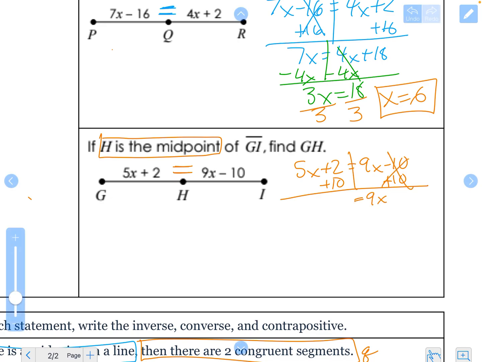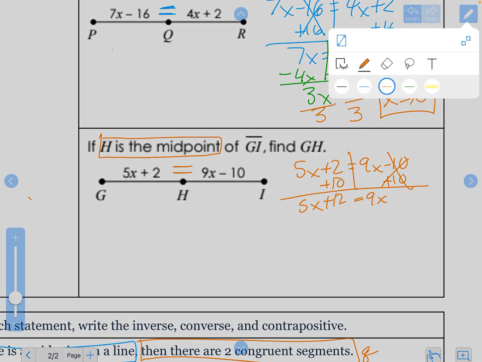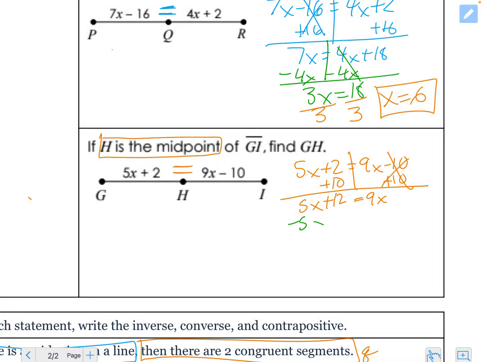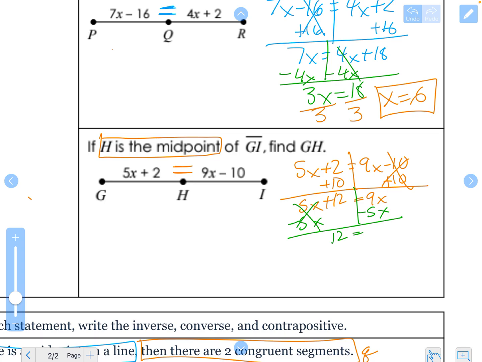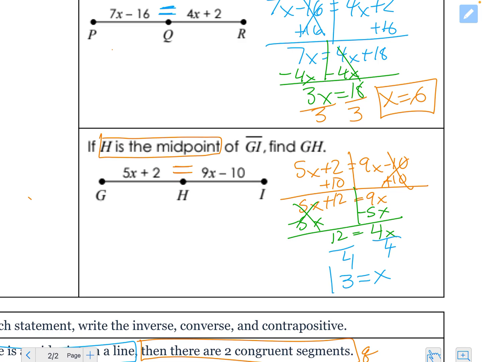I'm left with just 9x on that side, and on the other side I have 5x plus 12. Next, I'm going to subtract 5x to the other side. I'm left with 12, and then 9x minus 5x is 4x, and then we're going to divide by our coefficient, which is 4. So I'm left with 3 equals x.